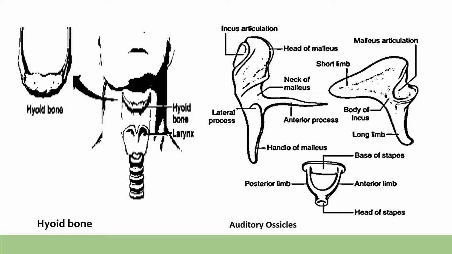This is the diagrammatic representation of the auditory ossicles, which consist of three parts: malleus, stapes and incus. These are the three bones, with different nomenclature for each part. Let us see the details.